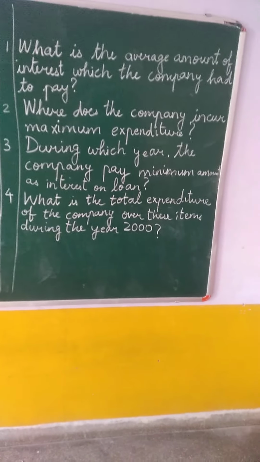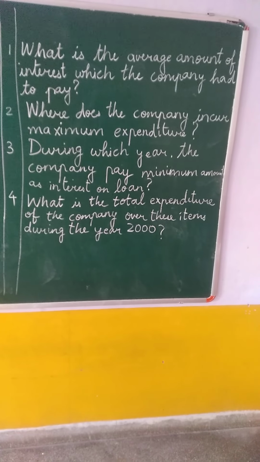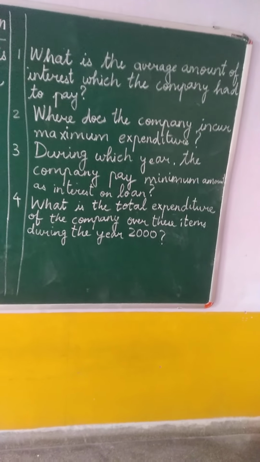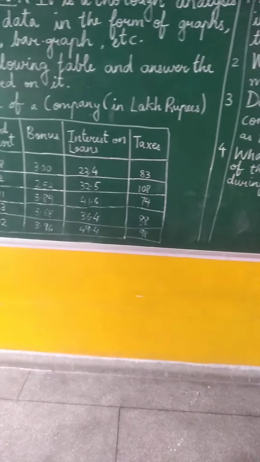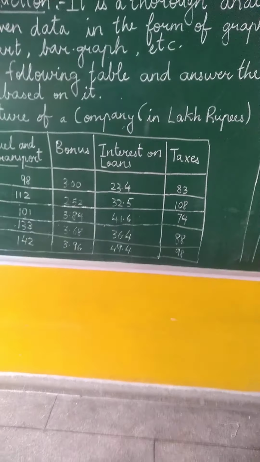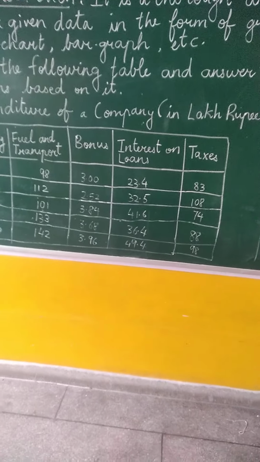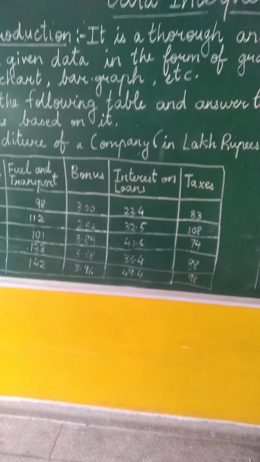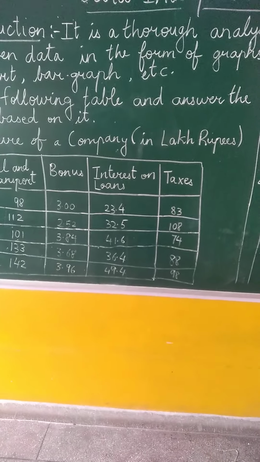Then third question, during which year did the company pay minimum amount as interest on loan? So they are talking about when the interest on loan is paid the minimum. So again you will have a look at the table. In the first year 1999, the interest on loan which was paid was 23.4 lakhs, then 32.5 lakhs.